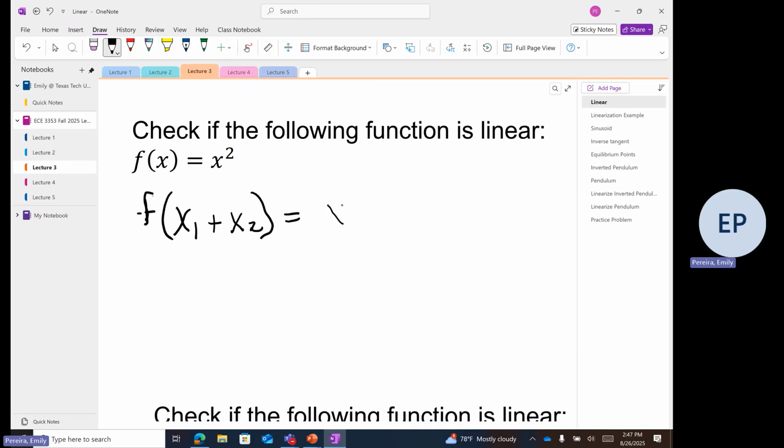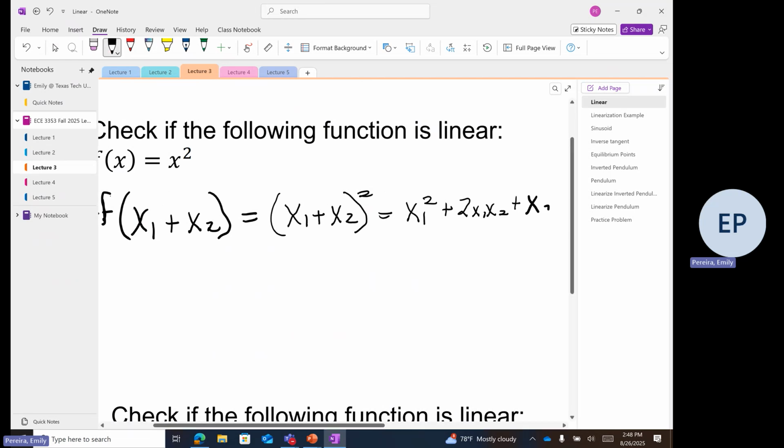Well, we start with our input, which is x1 plus x2. Then we apply the function, which is squaring the input. And so this gives us x1 squared plus 2x1 x2 plus x2 squared.